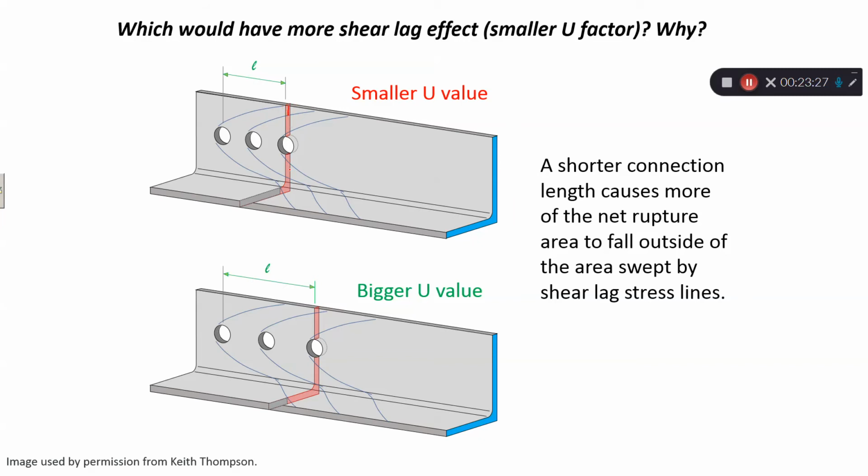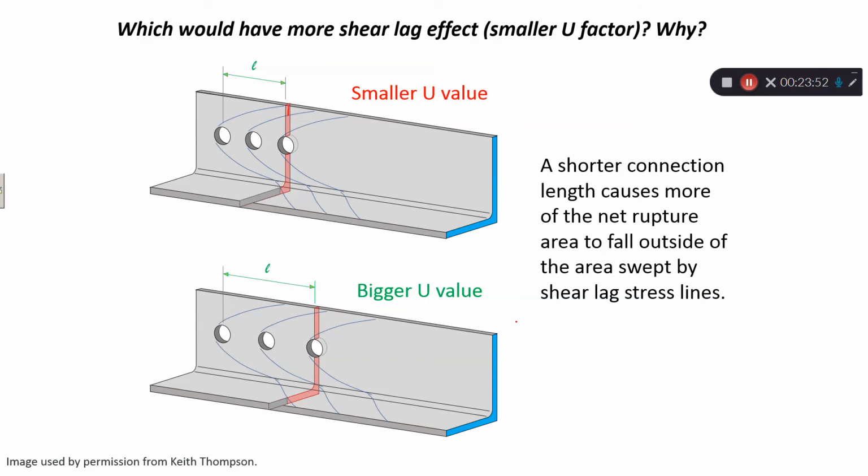The longer connections cause more stressed area. So shorter connections have a smaller U value and longer connections yield a bigger U value.